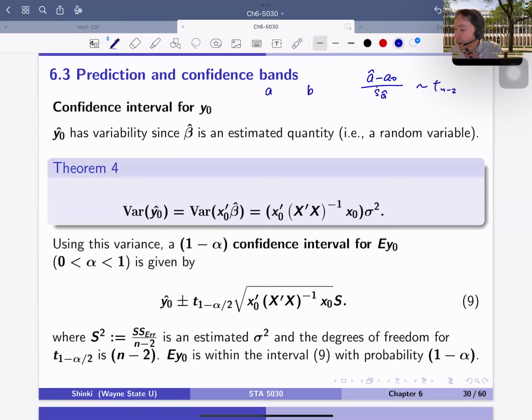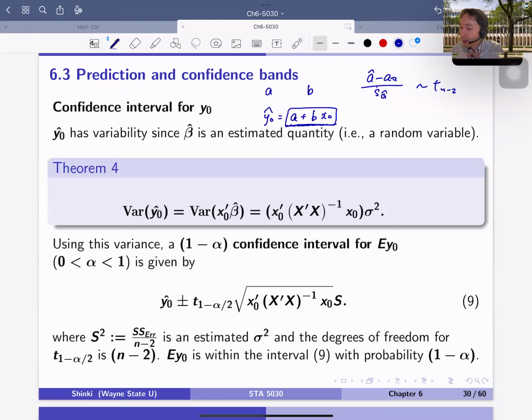So we can construct confidence intervals for the true values of A naught and B. But our interest is y hat. Y hat is equal to A plus B times X naught. So we want to calculate the confidence interval for this quantity, not just A, not just B. We want the confidence interval for A plus B times X naught.